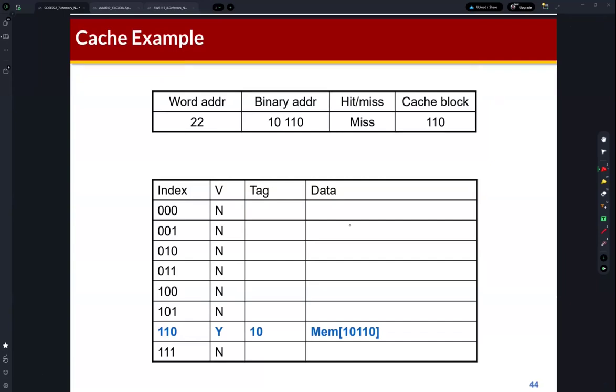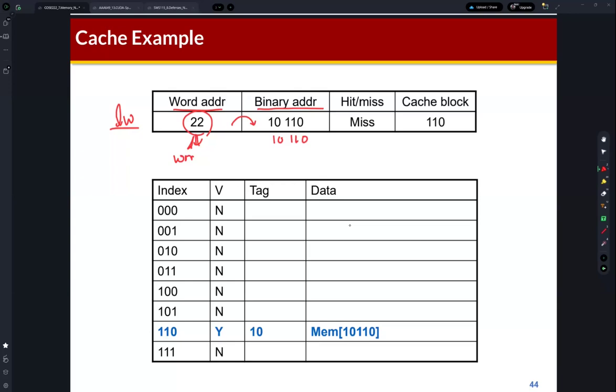Let us assume that the processor executes a load word instruction, and the word address is 22 in hex. We can translate this word address into binary, 10110. Just consider that this is the word address, not the byte address.